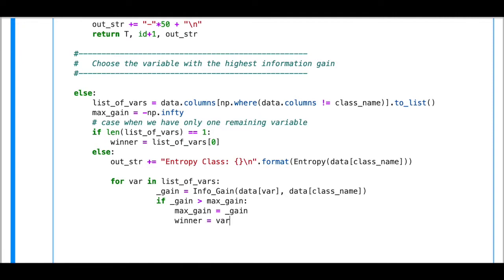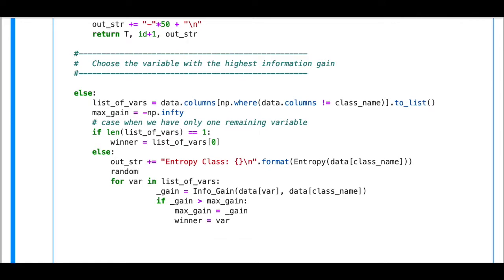Let's say we have two different variables with the same information gain. With this process, we will always choose the first one we find, right? Because it's going to update only when we find a higher information gain.